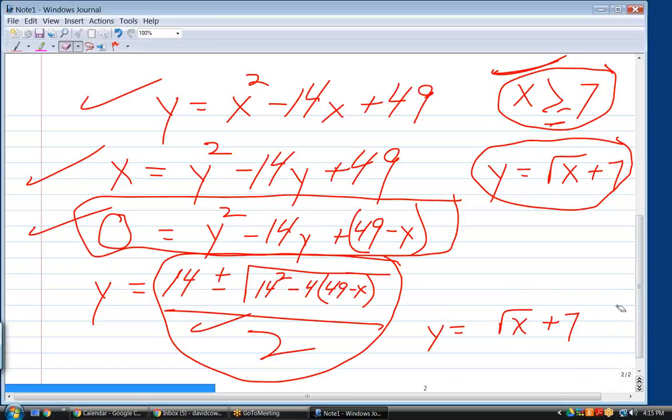So the more I think about it, the more positive I am of it. It's very important to remember that when you're talking inverse, the domains and ranges switch totally, replace one another. So when they gave us this domain restriction, it ends up affecting the y at the end.